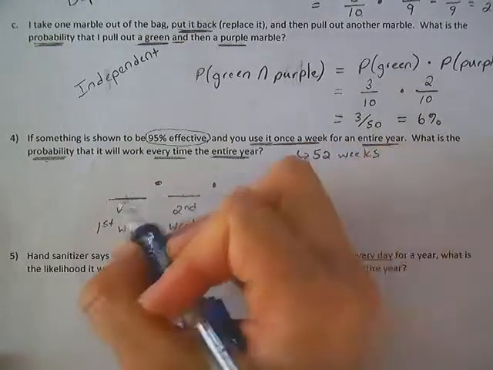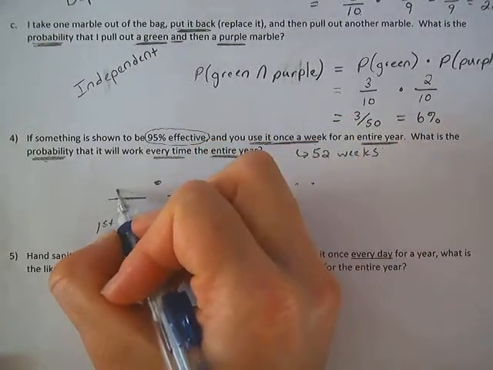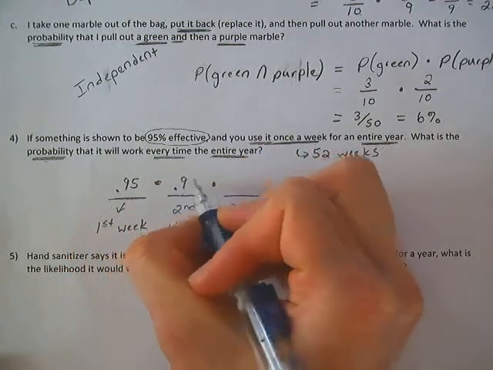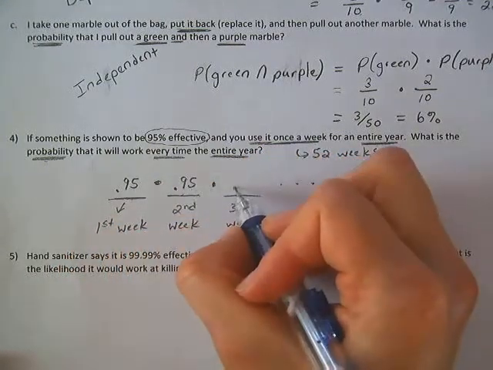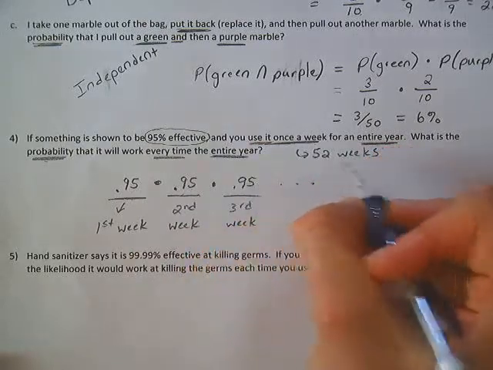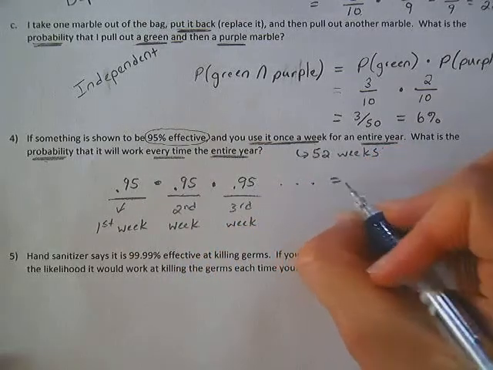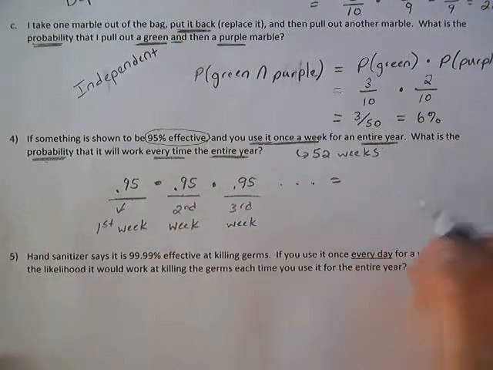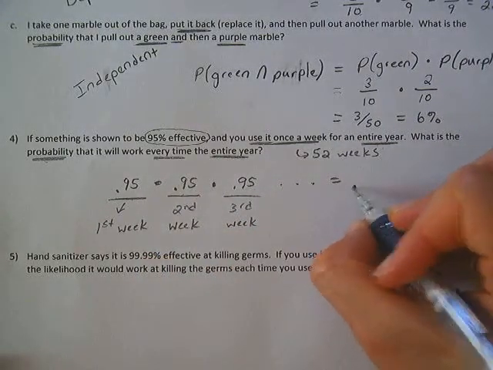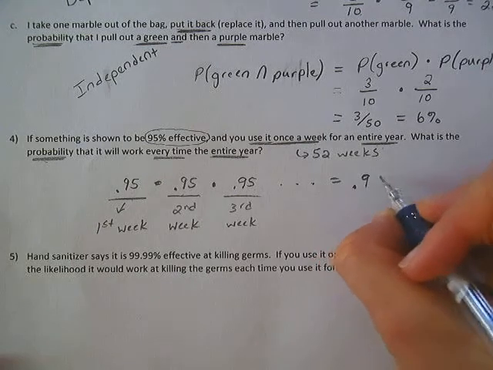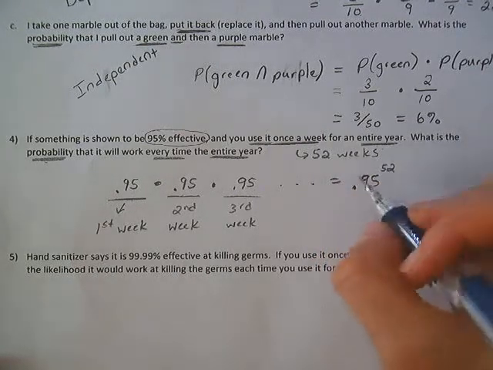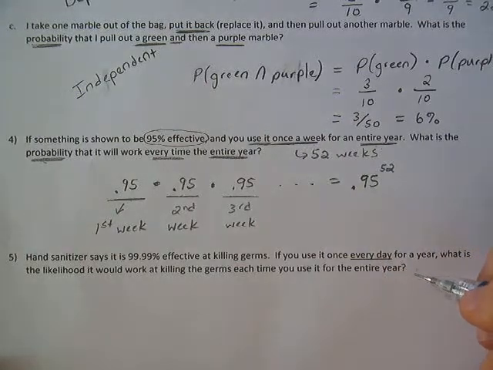So we just discussed the likelihood it works the first week is 0.95. The likelihood it works the next week, and I just change it to a decimal, 0.95, and then you keep going for the entire 52 weeks. So a quicker way of doing that, instead of taking this times itself 52 times, is, remember, you can just bring that number to the power of 52, or however many times you want to multiply it times itself.